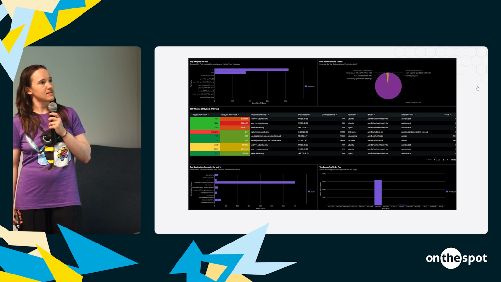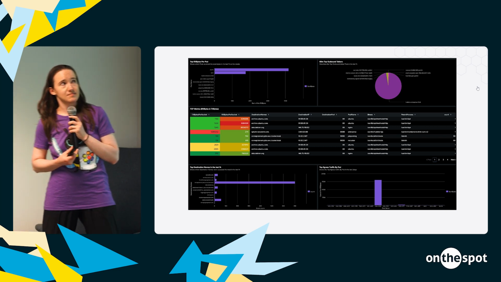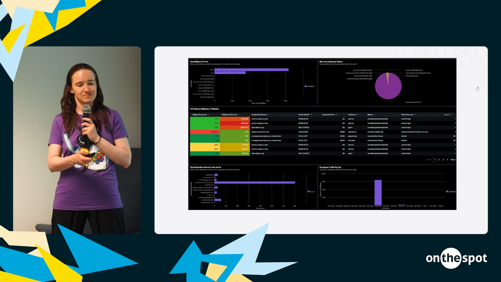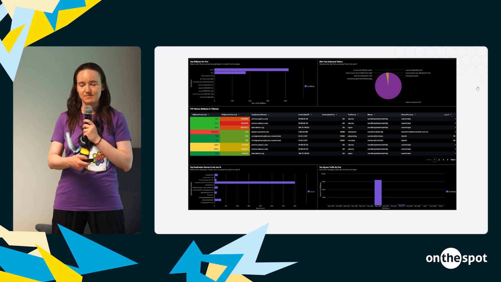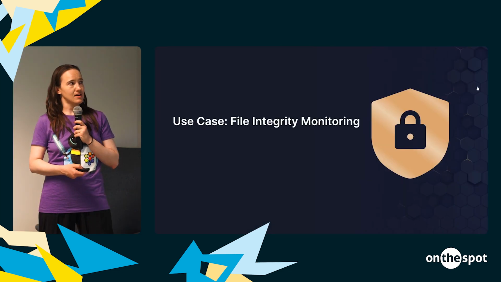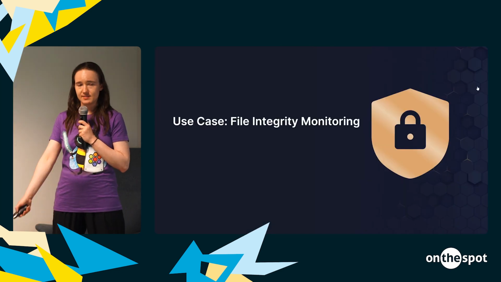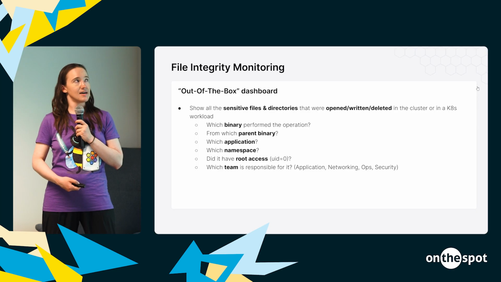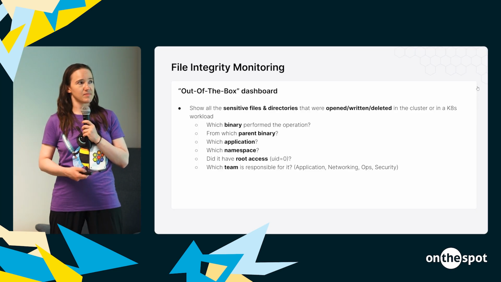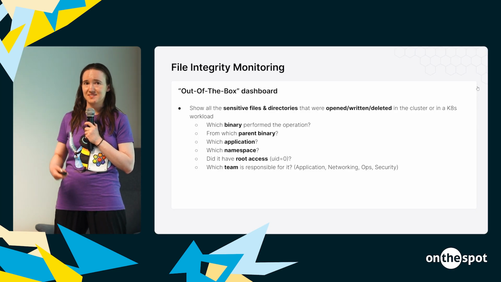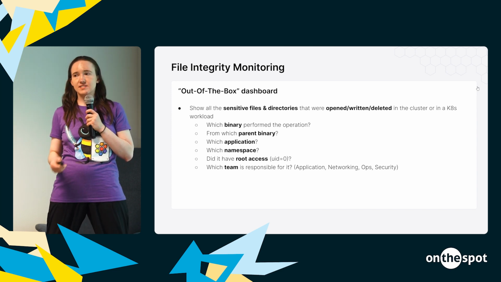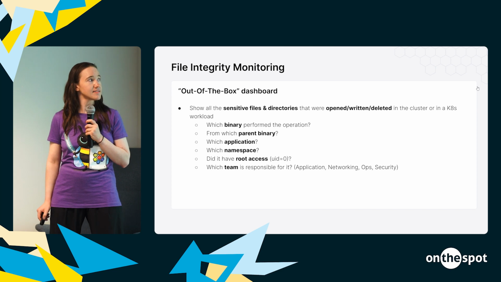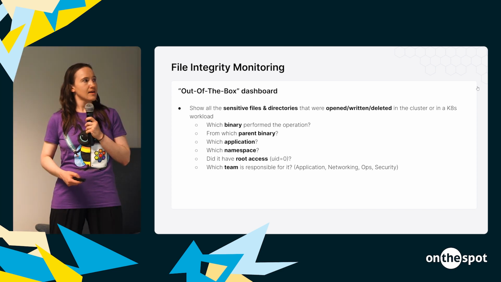And this dashboard shows us the external traffic byte counts. File integrity monitoring is the last major use case. We also developed an out-of-the-box dashboard that provides visibility into operations on sensitive files.